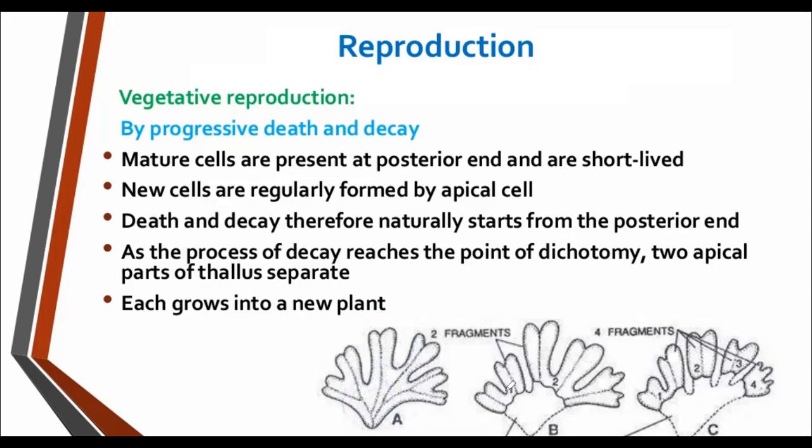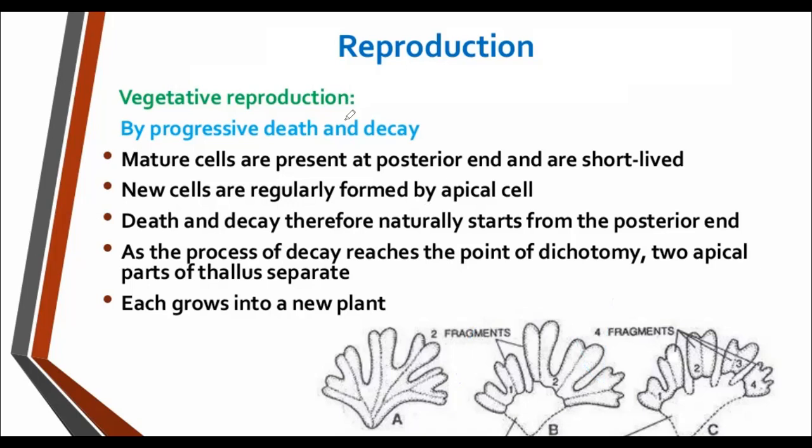From one thallus, in the second picture you can see two thalluses developed. In the third picture you can see four thalluses produced. So four fragments of the dichotomous branching develop into four new plants. This is how one old thallus develops into many new plant bodies. So this is the first method of vegetative reproduction.